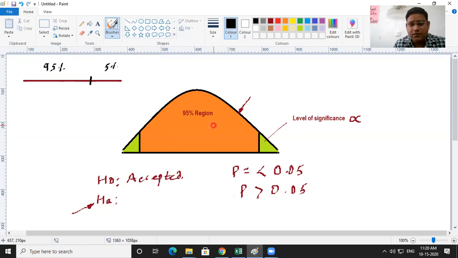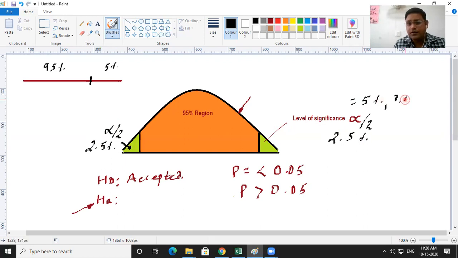In this two-tail test, because it is two-tail, on one side it will be level of significance divided by 2, and here also it will be alpha by 2. So if our parameter is 95%, we are taking p for 5%. In that case, this tail will be 2.5%, and this will also be 2.5%. So total my level of significance is 5%, or I can say 0.05.